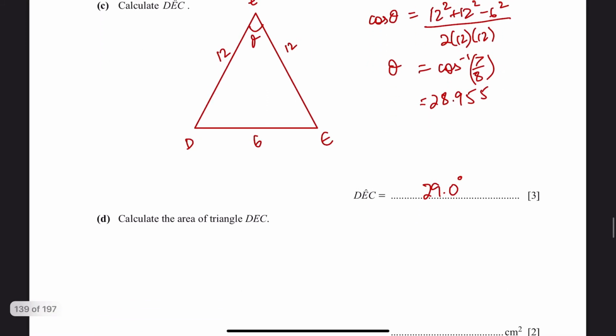Then the area of the triangle, so I'm going to say half AB sine of C.